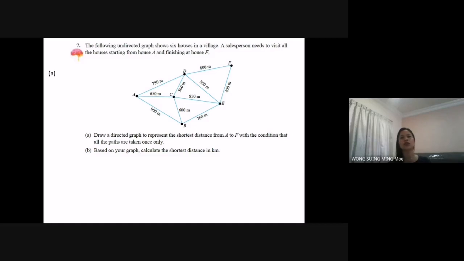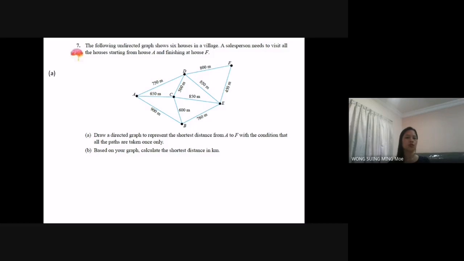A salesperson needs to visit all the houses starting from house A and finishing at house F. A. Draw a directed graph to represent the shortest distance from A to F with the condition that all the paths are taken once only.